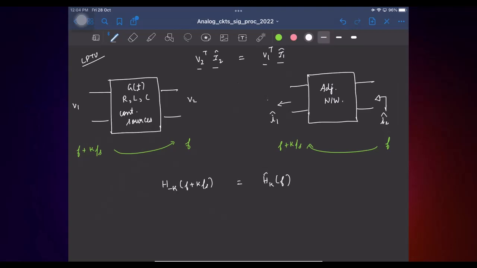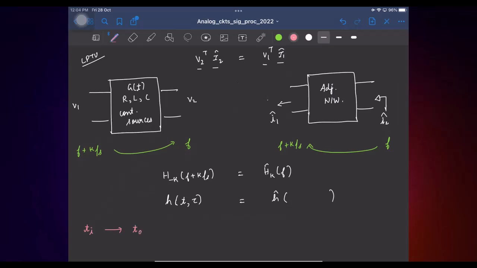We also saw the corresponding result with respect to the impulse response. Say for the original LPTV network, the impulse response was h of t comma tau. What was this here? Does anyone remember? Let's say in the original network, I launch an impulse at a time ti, and I observe it at t0.